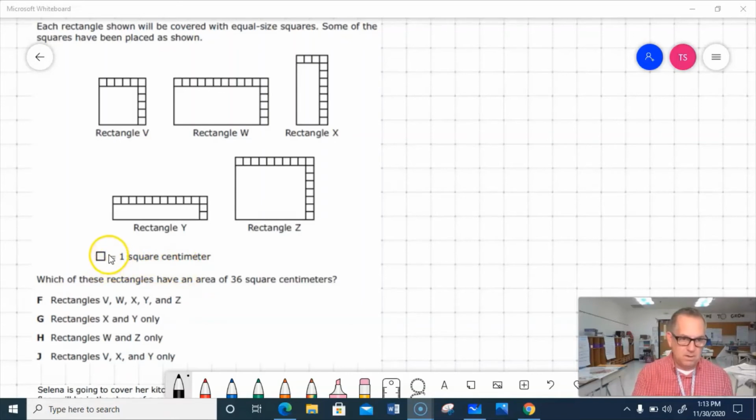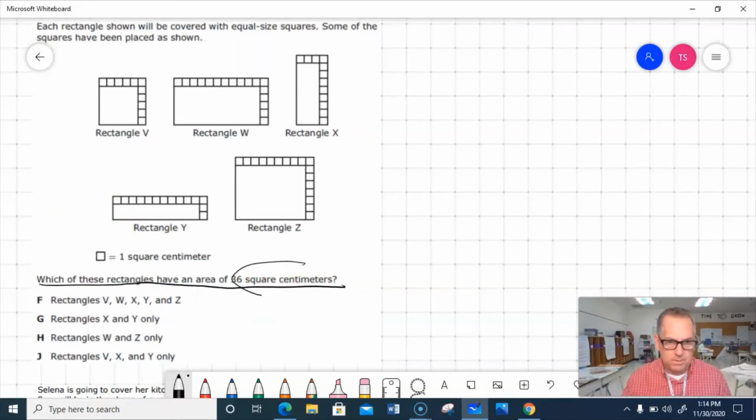That just basically means it's 1 centimeter by 1 centimeter. Okay, which of these rectangles have an area of 36 square centimeters? So we're looking for the one that has an area of 36 square centimeters.